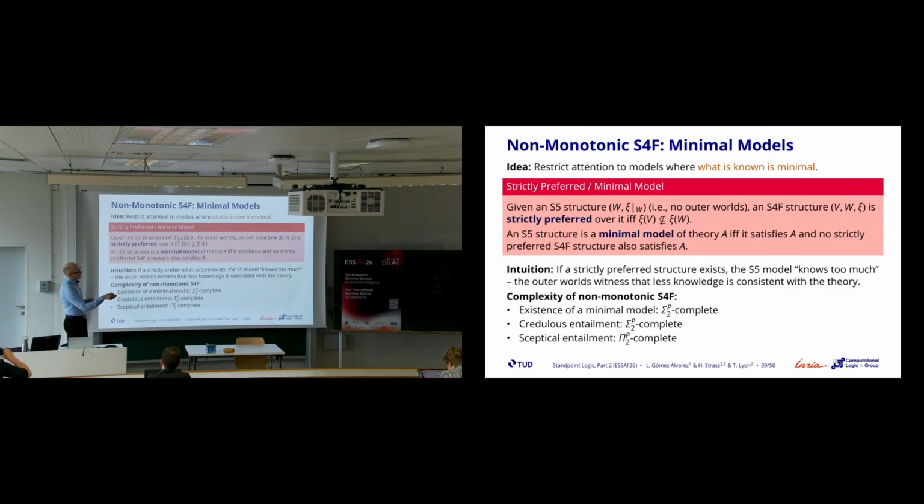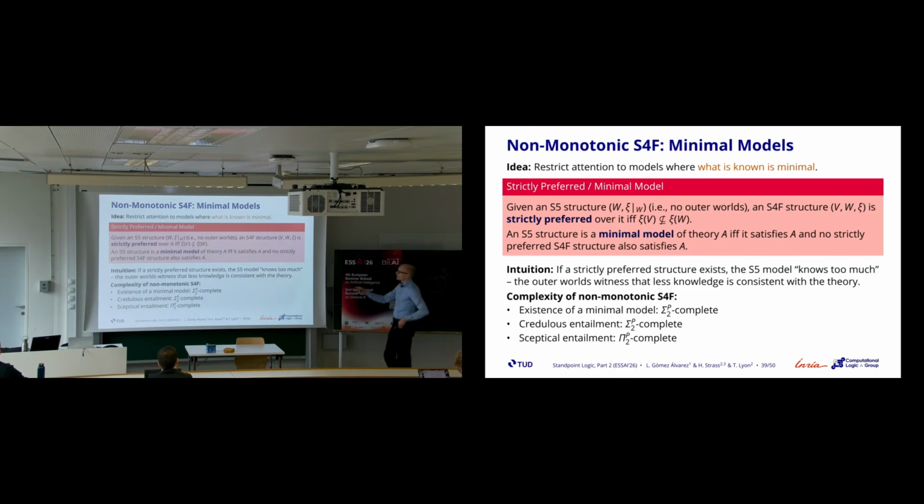So we start from an S4F structure where there are no outer worlds. So you basically only have these inner worlds, and they give you an S5 structure. And S5 then refers to the case that the reachability relation amongst these worlds in your structure is an equivalence relation, basically.